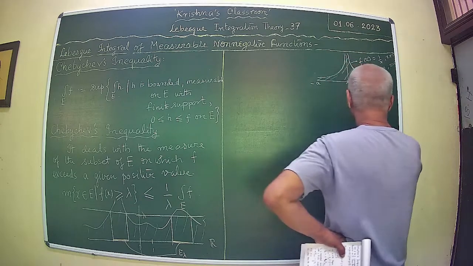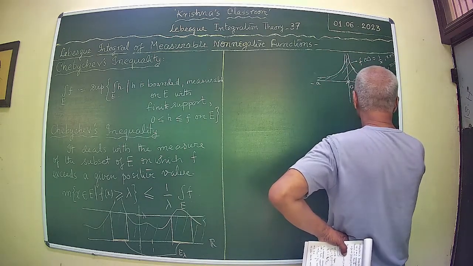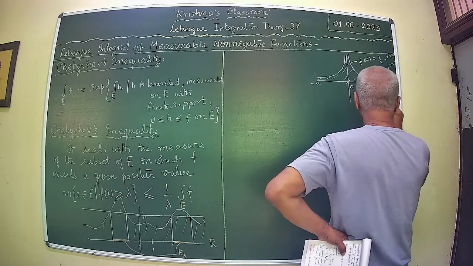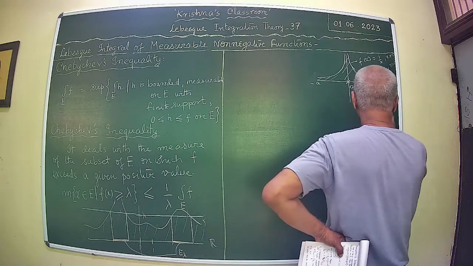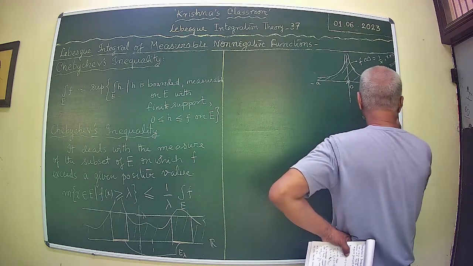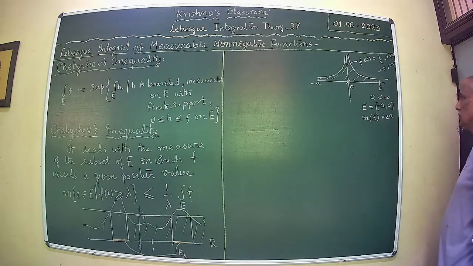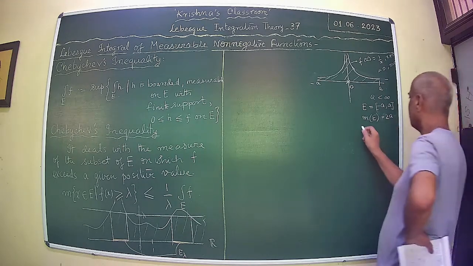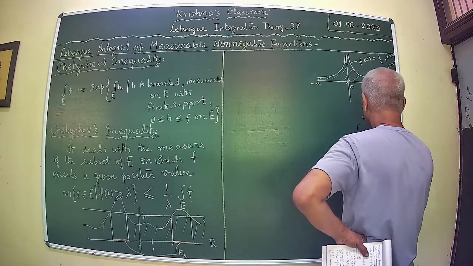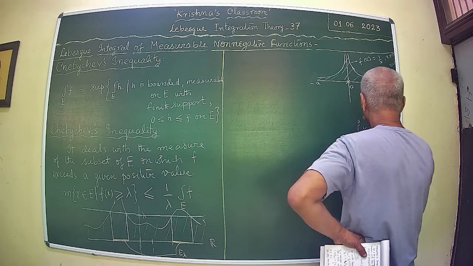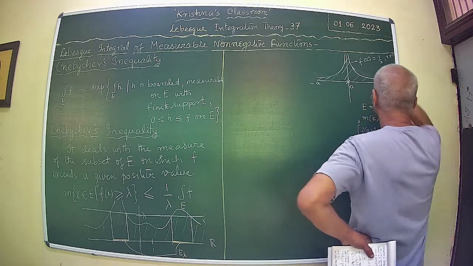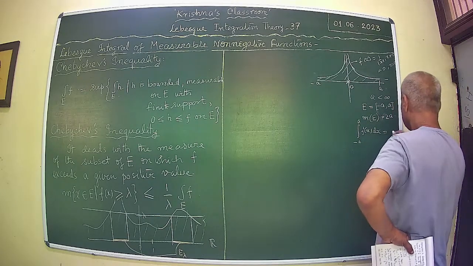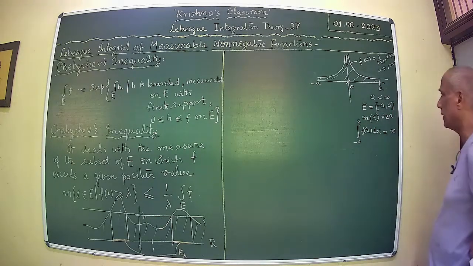Then of course E is the interval minus a to a, so the measure of E is finite. However, this integral of f, the integral of 1 by mod x, f(x) dx, is equal to infinity, this we know from elementary calculus.